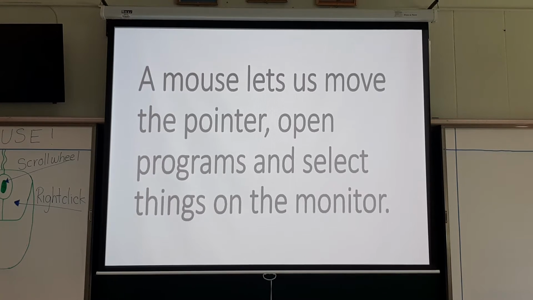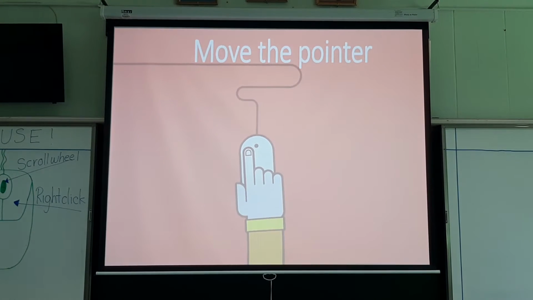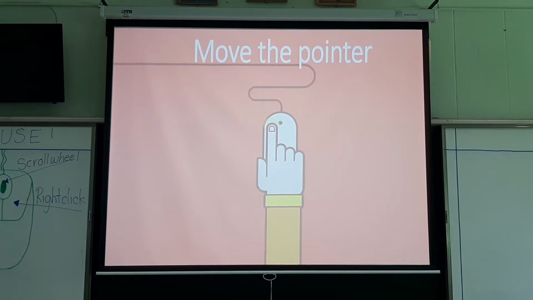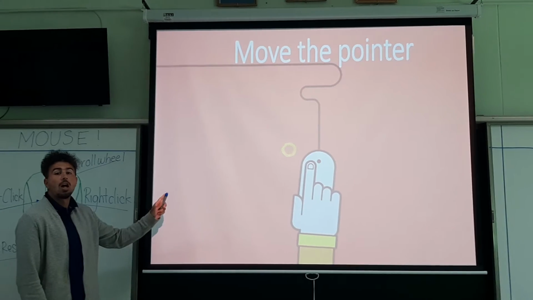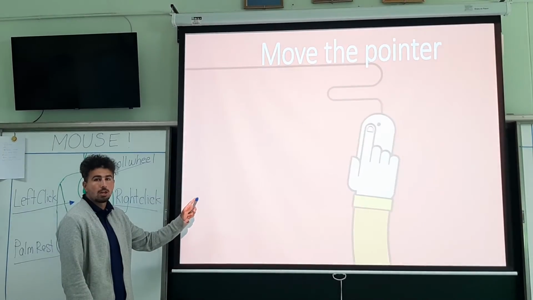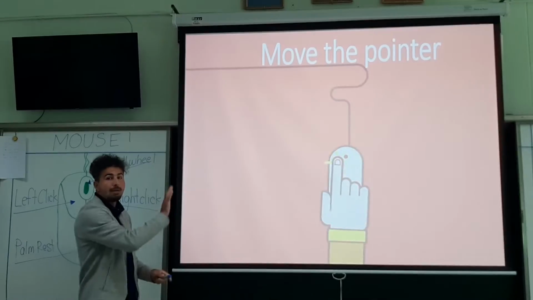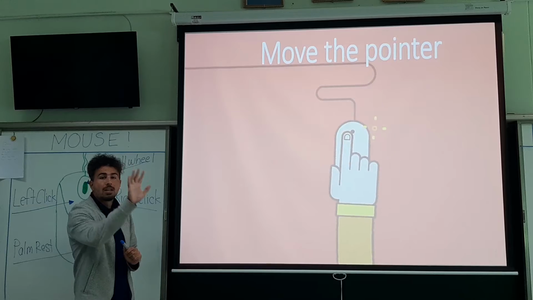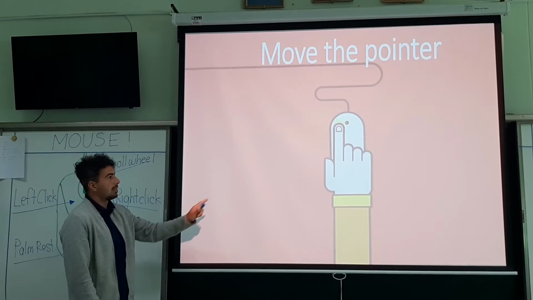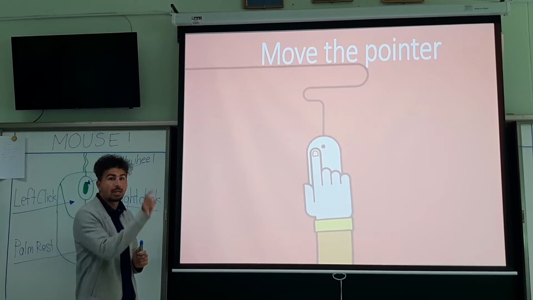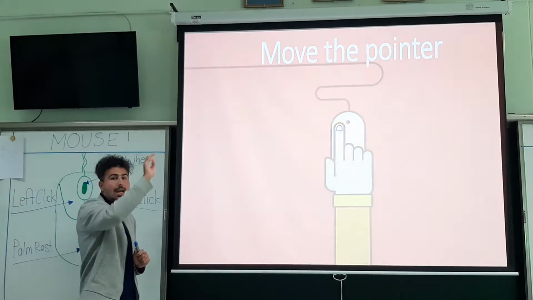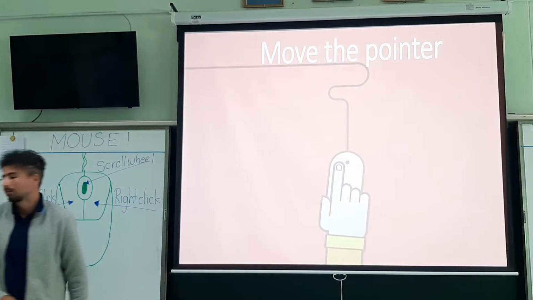Okay? And let me show you examples. So, this is moving the pointer. So you can move the pointer on the monitor. Remember we did monitor? So, I move my mouse and it moves the pointer on the screen, just like this is here. Okay, so I can click on different things. I can move it and click on different programs.